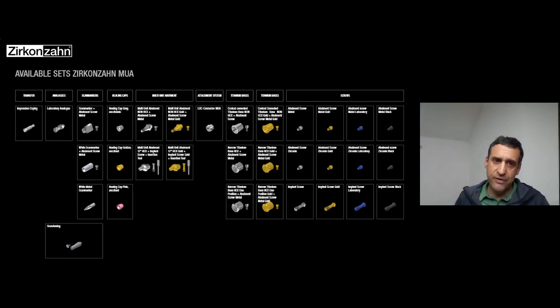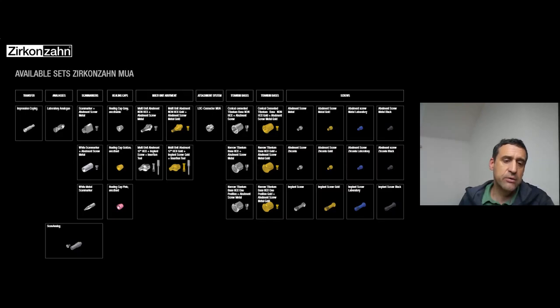Here you have an overview about the MUA, but not just the MUA. You can see that you also have the impression copying, for example, just a quick overview about the components that you can buy at Zirkonzahn. The impression copy for regular impression, of course, the laboratory analog, the regular analog, and then you also have the scan analog.